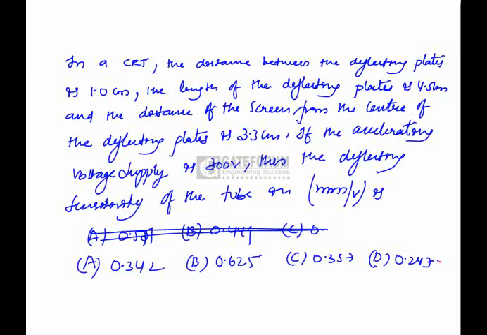In this question, we have to find the deflecting sensitivity, which is S equal to L into Ld by 2 d Ea in a CRT, which is equal to 3.3 into 10 power minus 2.